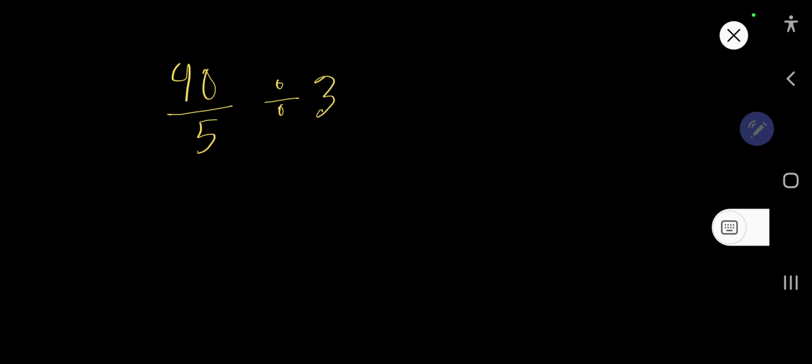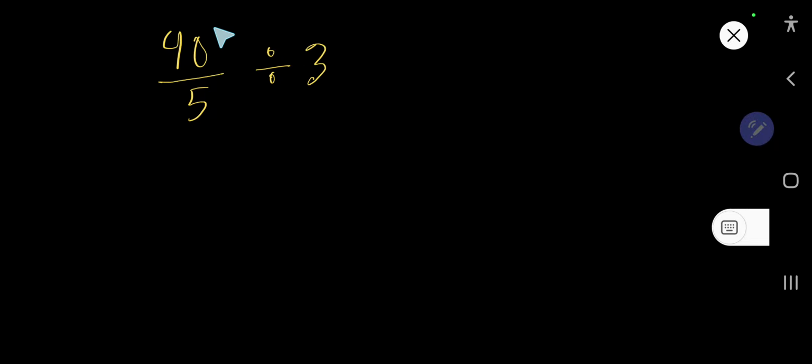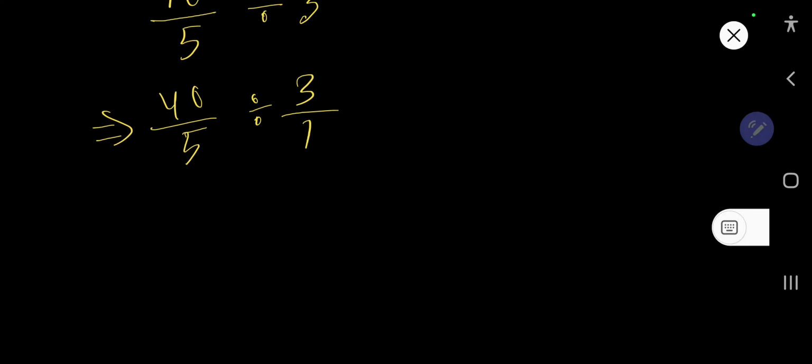Okay, now consider this example. This is a fraction, this is a whole number. We would like to divide this fraction by the whole number 3. So how to do that? The process is quite similar, right? You have to express this whole number as a fraction. Now you need to follow this keep, change, flip method.